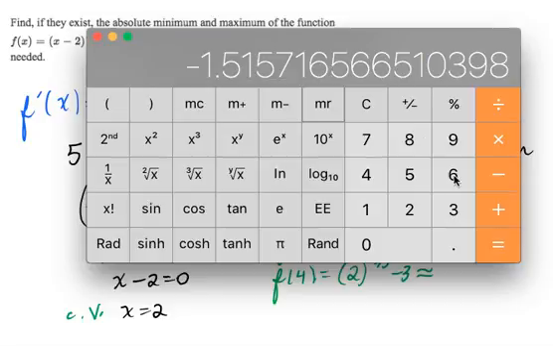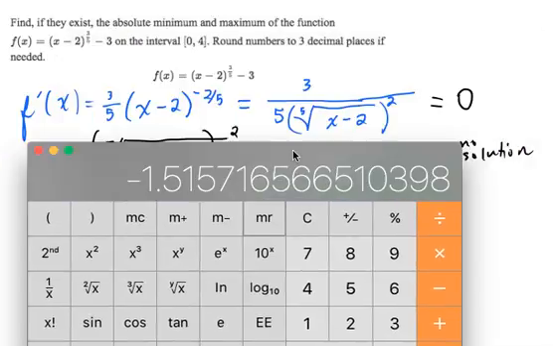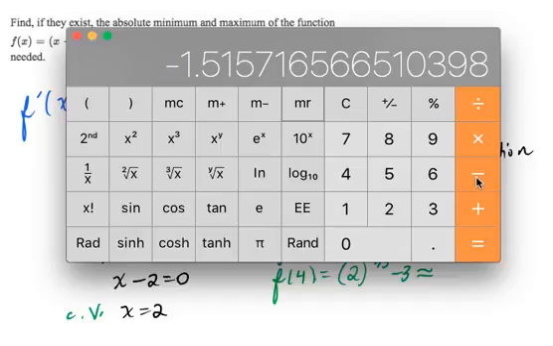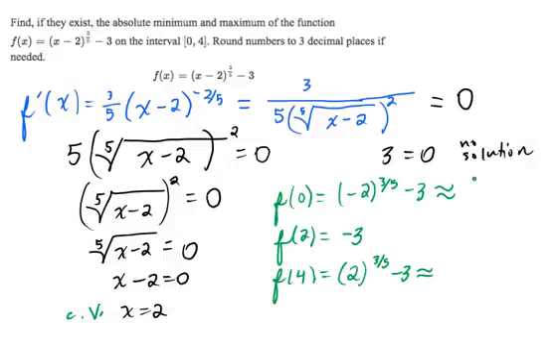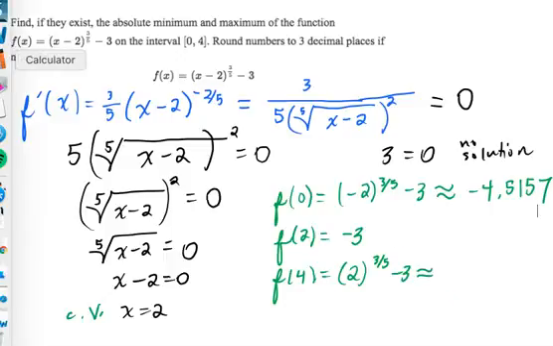Then we subtract 3 from that to get negative 4.5157. And then we need to do positive 2 to the 3/5 power.